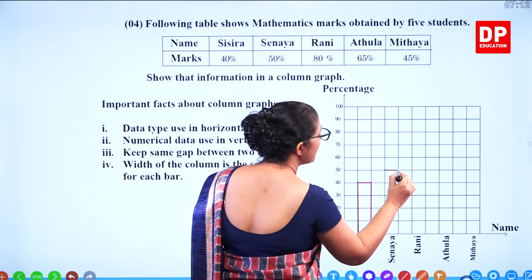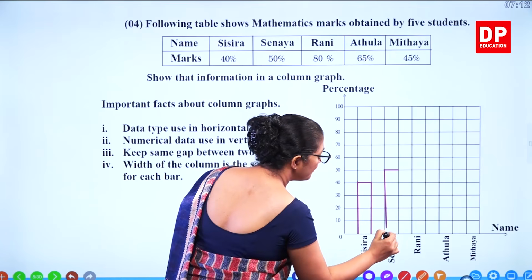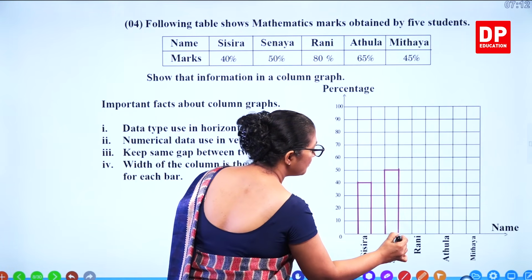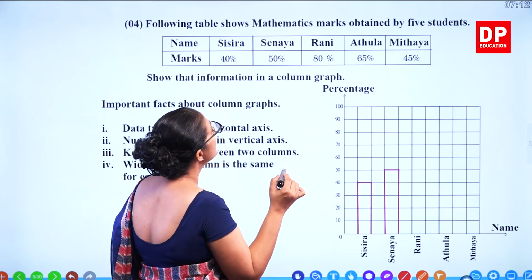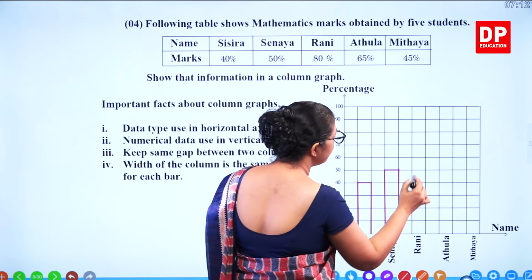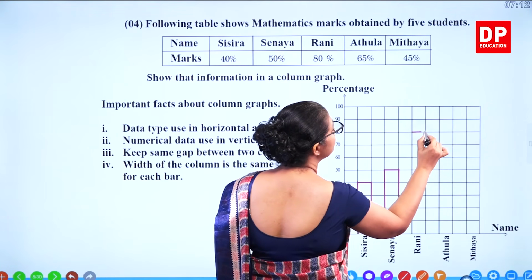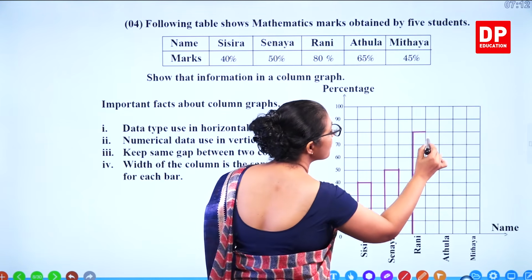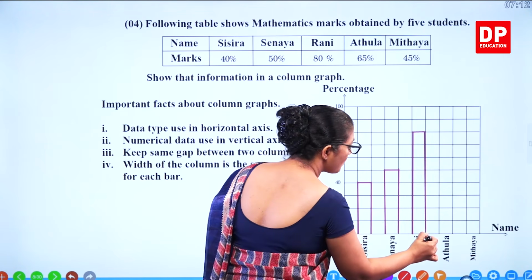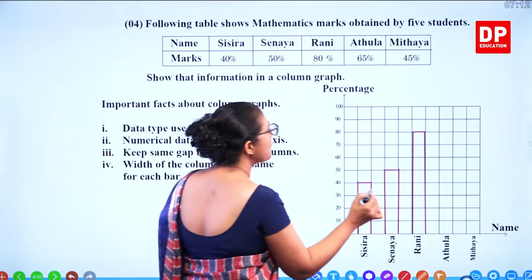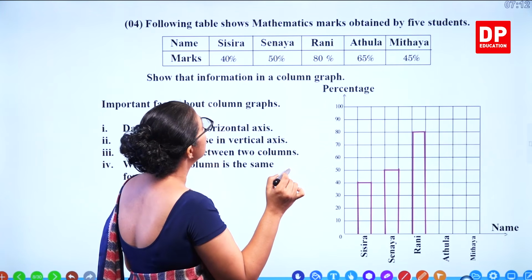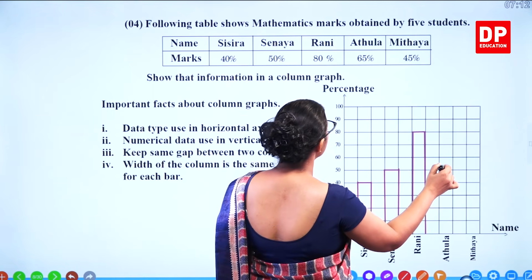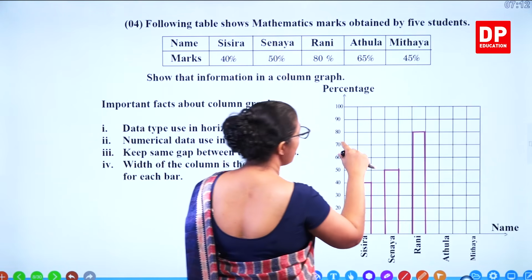So 50 is here. 80% Rani. 80 is here. Then Atula 65%. 65.